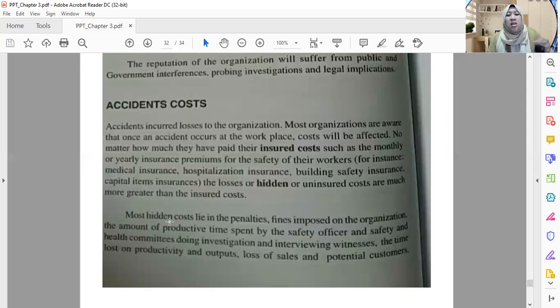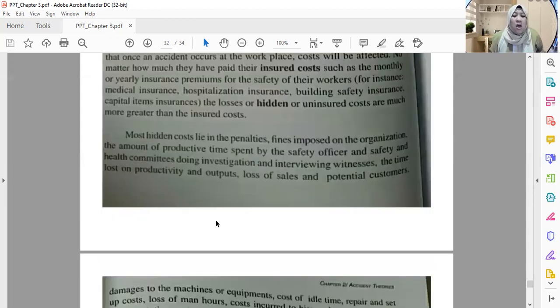So most hidden costs are like the penalty or fine imposed on the organisation, and the amount of productive time spent by the safety officer and safety and health committee doing investigation and interviewing witnesses. Then the time lost on productivity and outputs, and the loss of sales and potential customers.